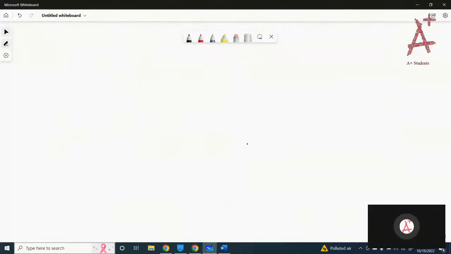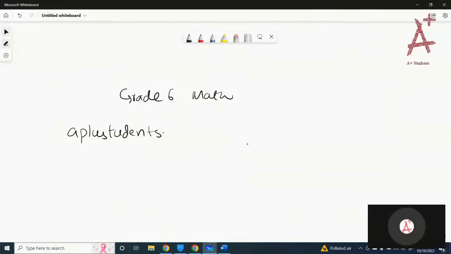So, we're going to start with grade 6 maths. You can find all the lessons on aplusstudents.com. You have to log in there using your email address and password as provided by the administrator.